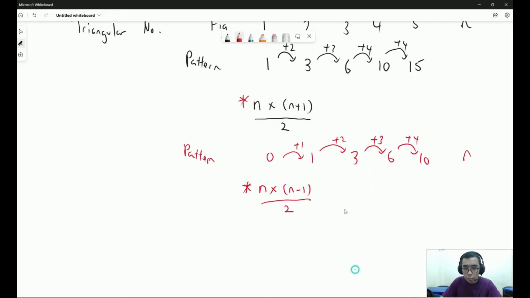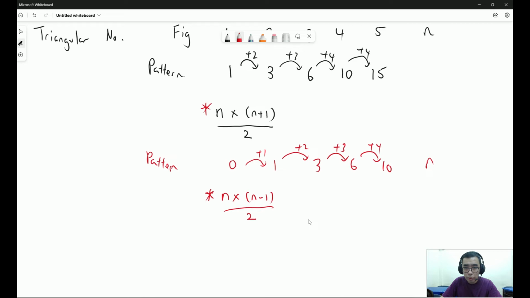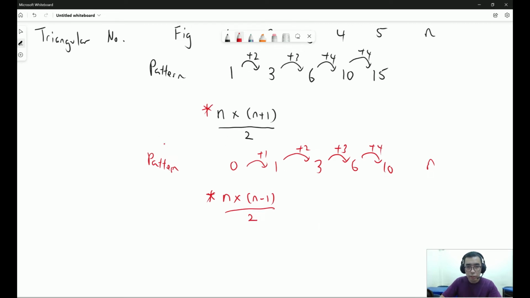There's also one more pattern that I wish to highlight here, also related to our triangular numbers. Let me put it down. Maybe we have 2, 6, then we may have 12 and 20.